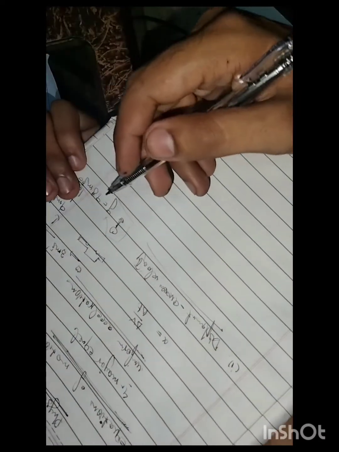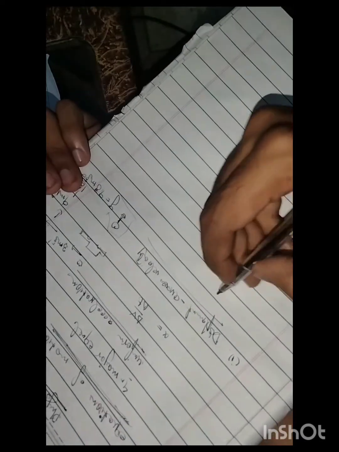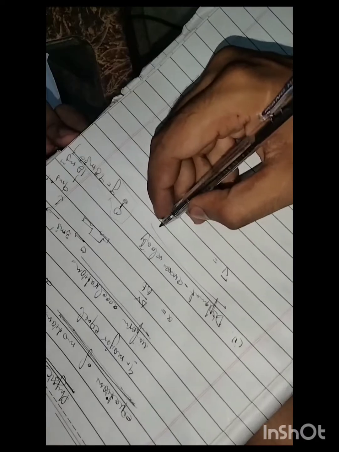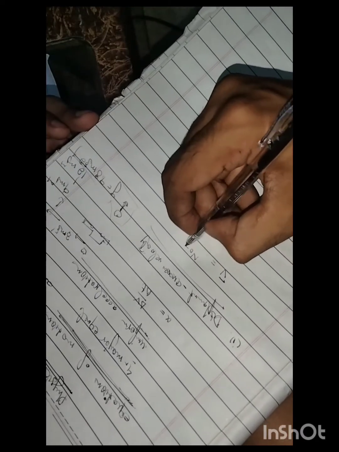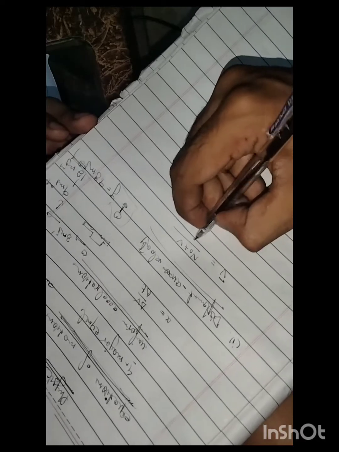So far we have discussed that our average velocity, this bar represents the average, is the sum of the velocities over two. This is the average velocity expression, but by definition we know that velocity is the displacement over time.